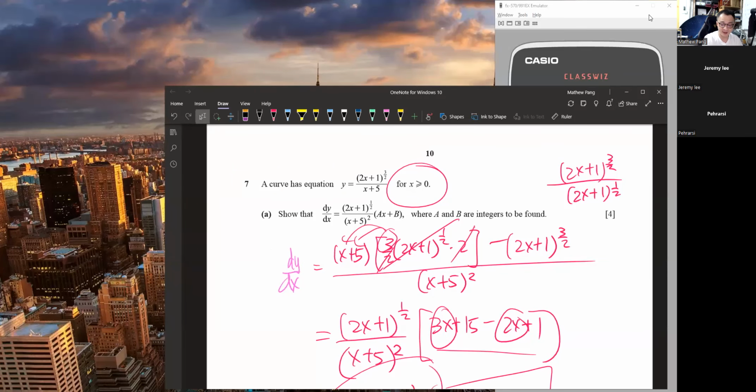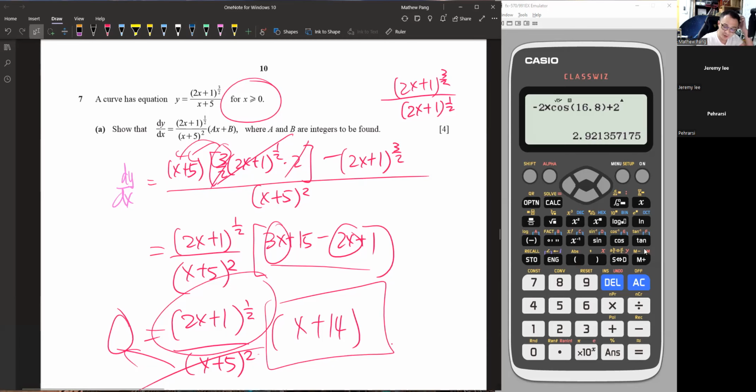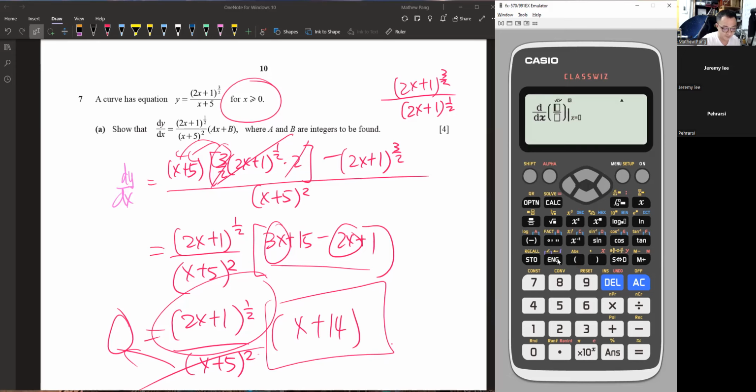Here, if I want to save myself some time, definitely I will use a calculator for it. So this is how I will use a calculator. I will just straight away use the differentiation button, put a fraction for it, insert the original y equation, which is (2x plus 1) power 3 over 2, and then come down, this is x plus 5.